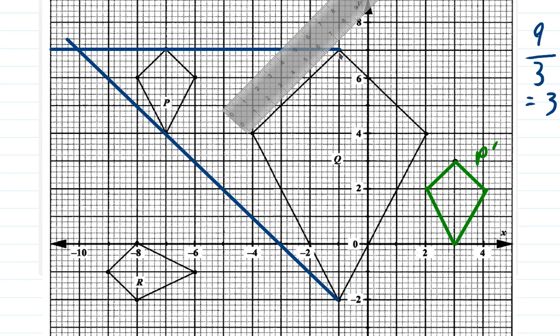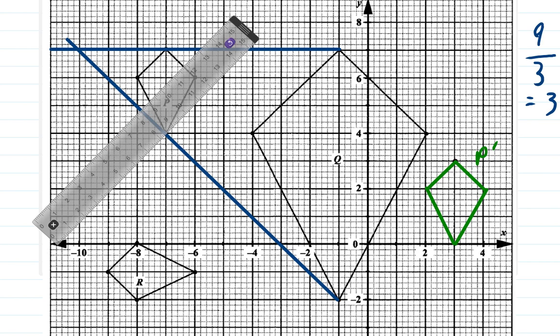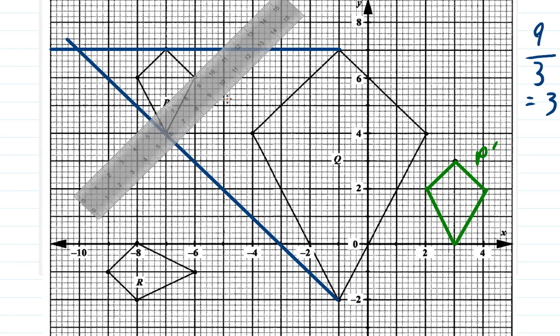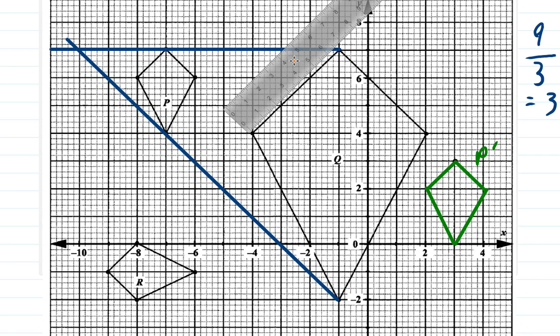Looks like about, kind of close to 7, 6 point something. Alright. The corresponding side on Q should be 1/3 of that, 2 point something. So let's measure it. So it's 2 point something. So you see that?